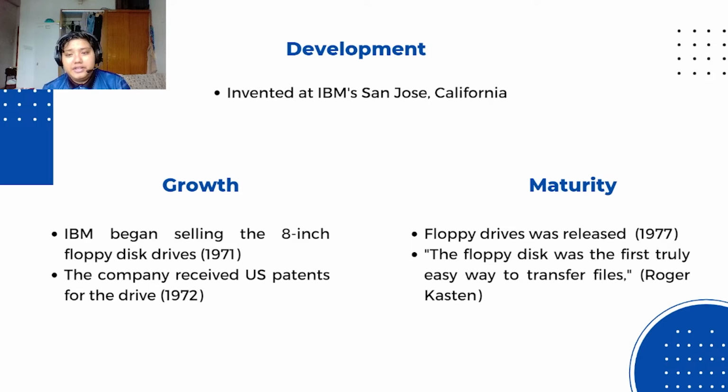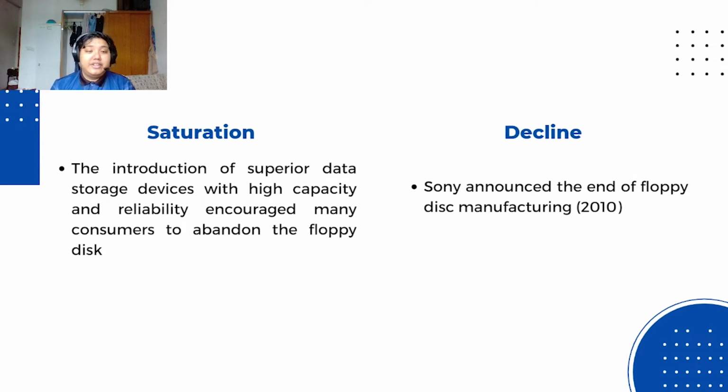For the maturity, floppy drives were released in 1977. The floppy disk was the first truly easy way to transfer files. Then the saturation. The introduction of a superior data storage device with high capacity and reliability encouraged many consumers to abandon the floppy disk, which led to the decline of floppy disk sales and users.